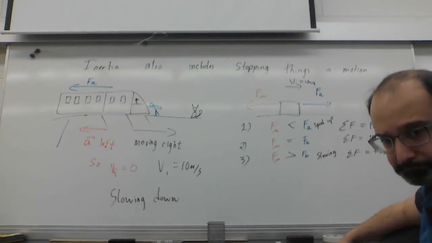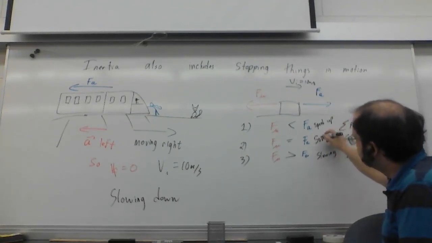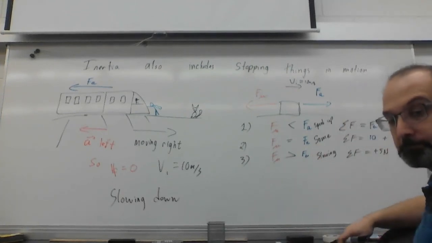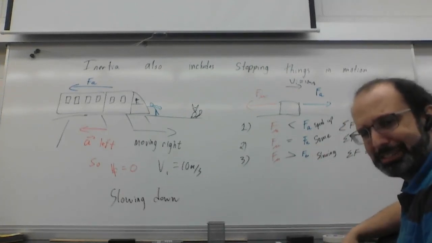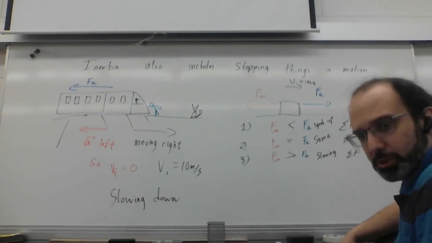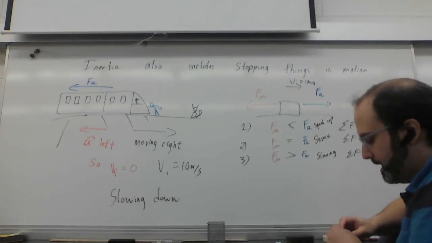This is the tricky one. Same. Stays the same. Does that make sense? Yeah, usually this messes with people. The object was already moving. So a force creates an acceleration. That's what we say a force does.